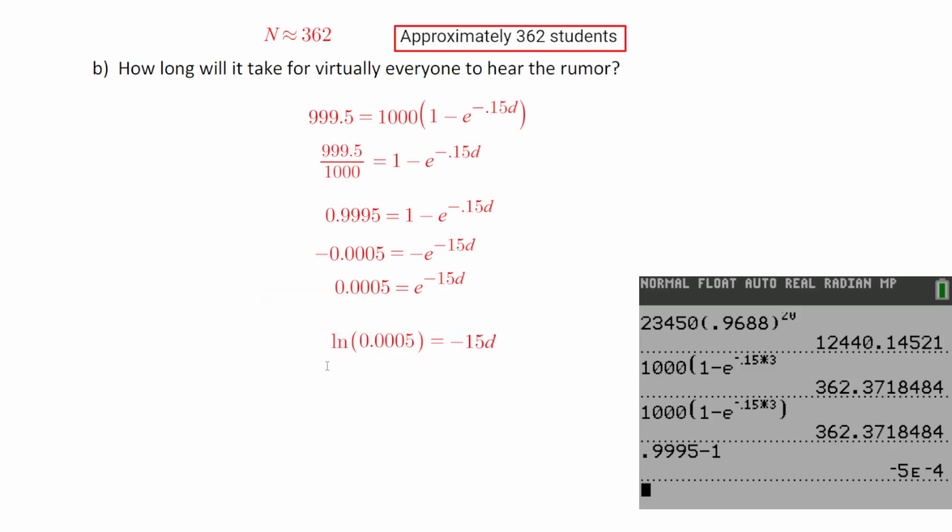And then if I divide both sides by negative 0.15, I'm going to get d equals, so this is the number of days, is going to equal the natural log of 0.0005 divided by, not negative 15, I lost a decimal along the way here, negative 0.15. There we go.